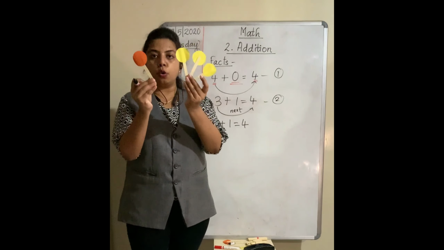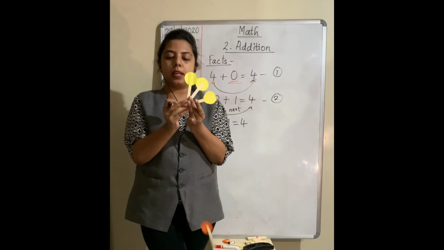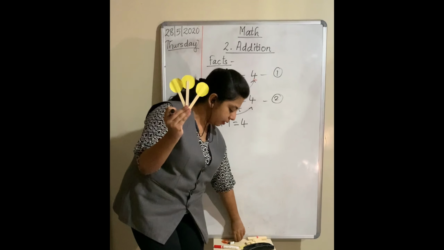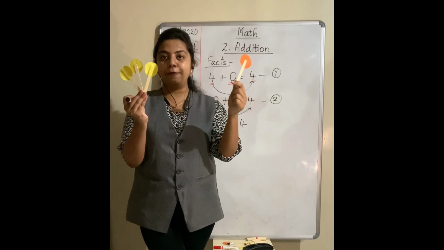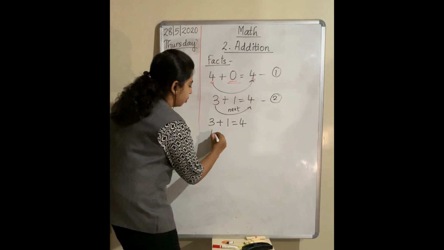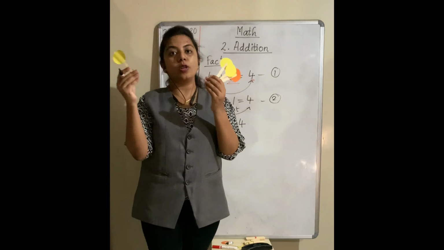So if I change the order, that means now I'm taking 3 in my right hand and 1 in my left hand. So I changed the order: 1 plus 3. Let's count and check the answer.